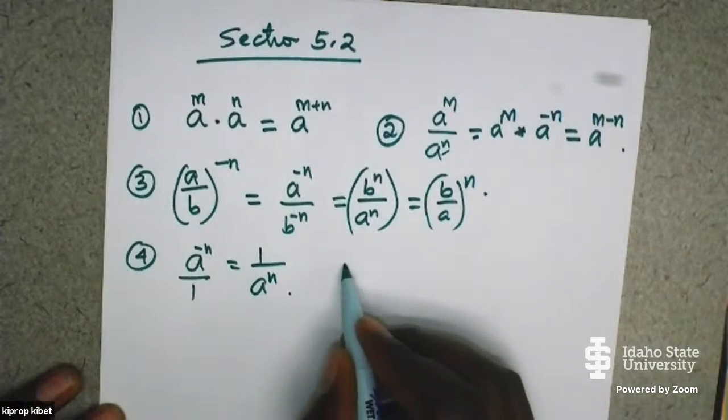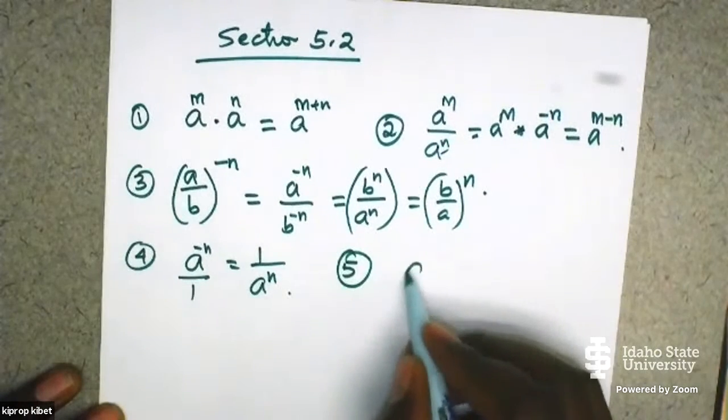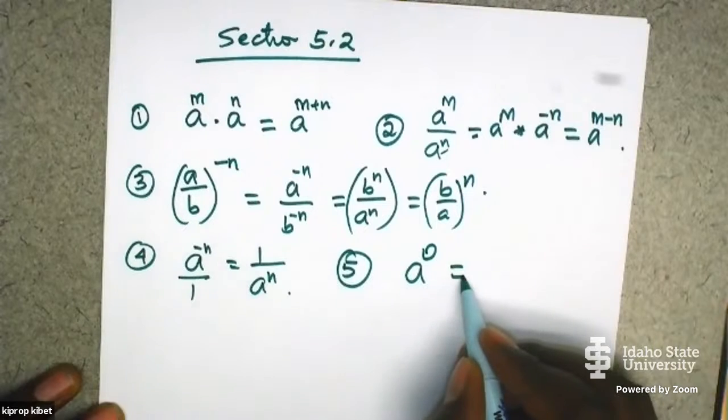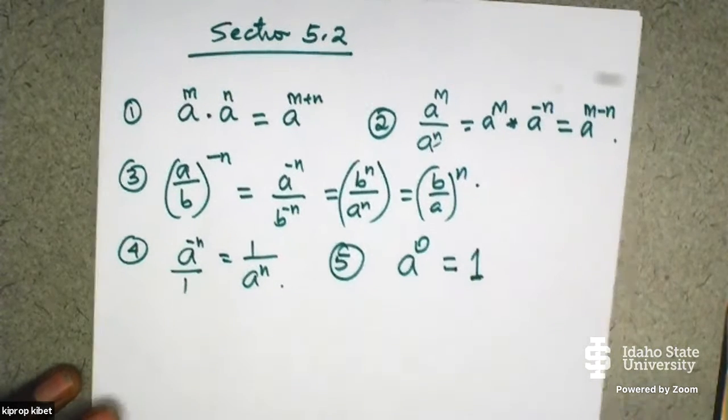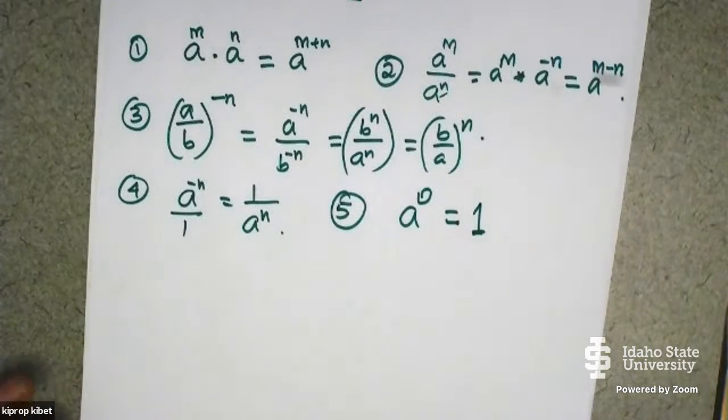And number 5, anything raised to 0 is equal to 1. When you raise anything to 0, it is equal to 1.